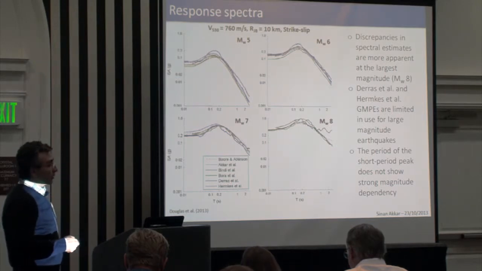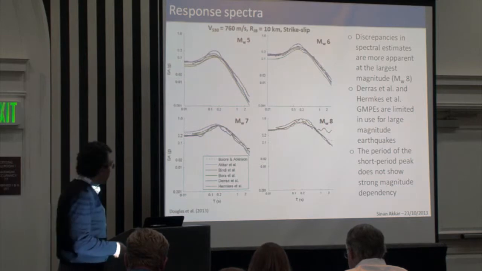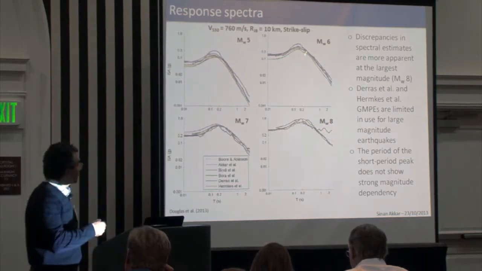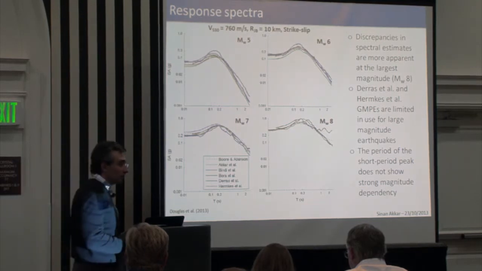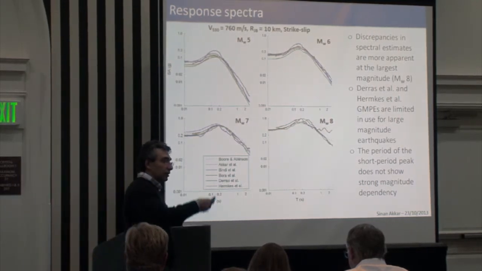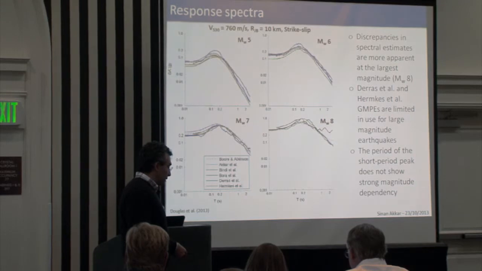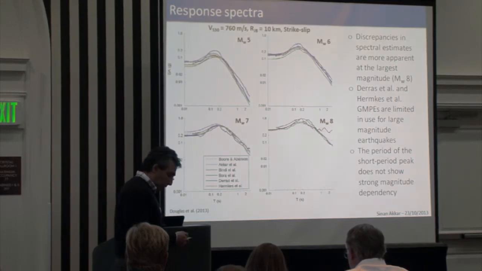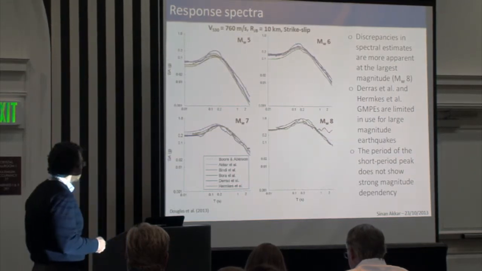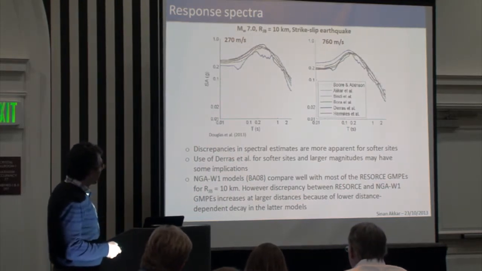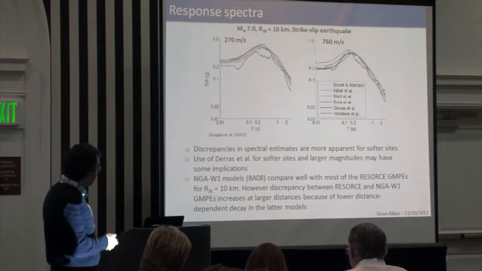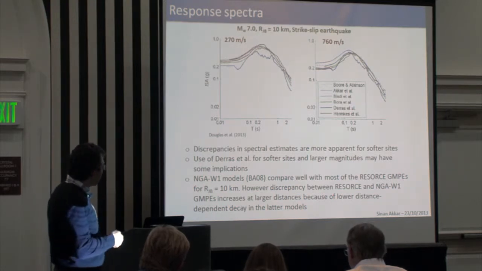We are good with, say, Boore and Atkinson 2008 model for this distance range, but when we increase the distance, they will estimate higher spectral ordinates with respect to these European GMPs. And this is again something in line with the previous slide.